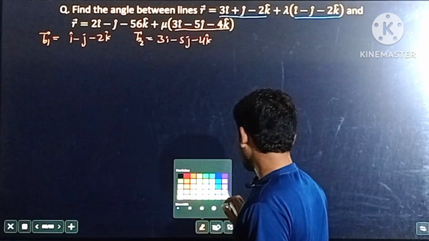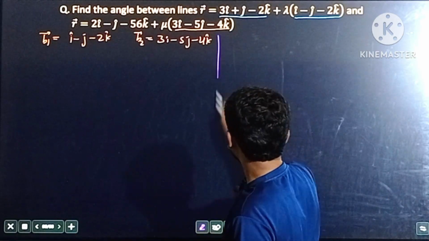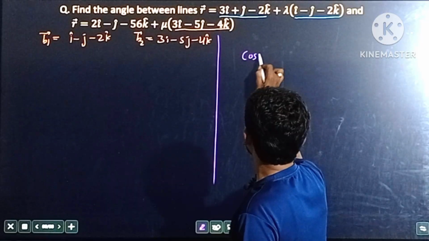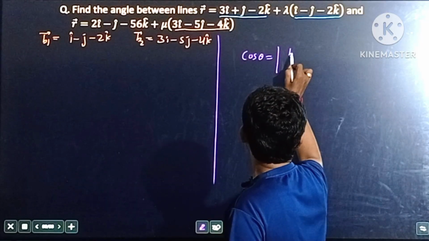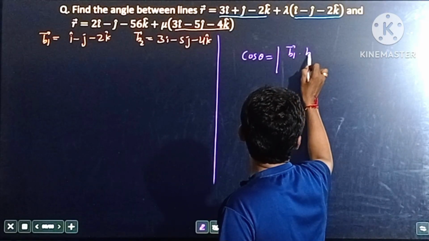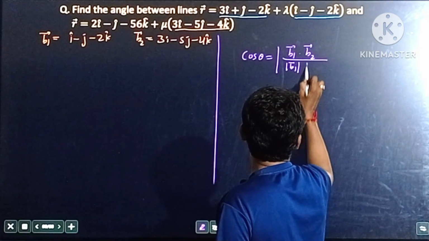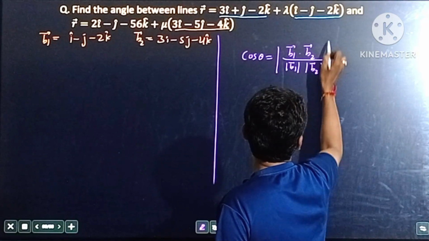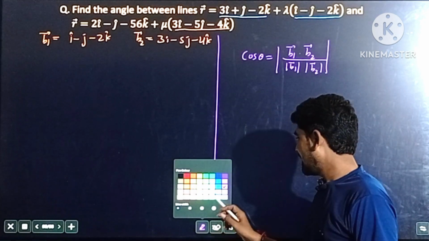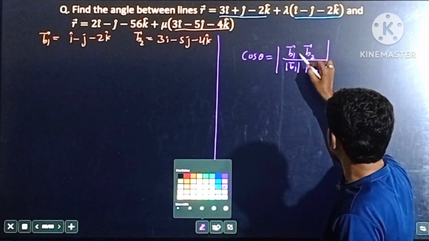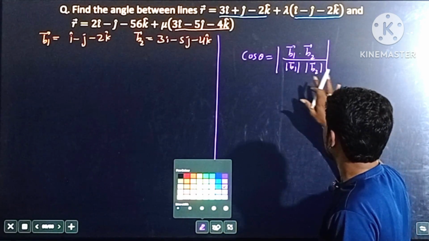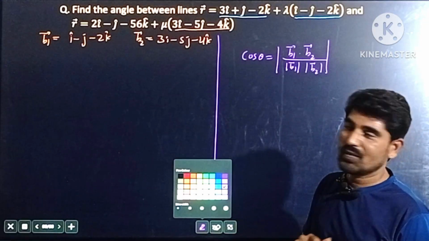So now we know the formula for the angle between two lines. That is, cos theta is equal to the modulus of b1 vector dot b2 vector divided by magnitude of b1 vector into magnitude of b2 vector. So to identify the angle between the given lines, we need b1 vector dot b2 vector, magnitude of b1 vector and magnitude of b2 vector.